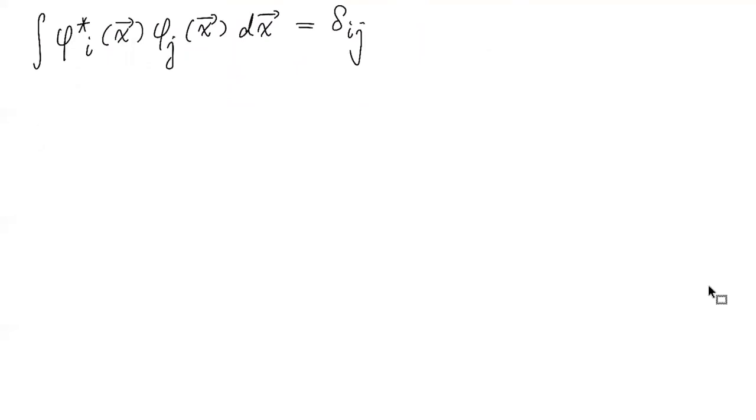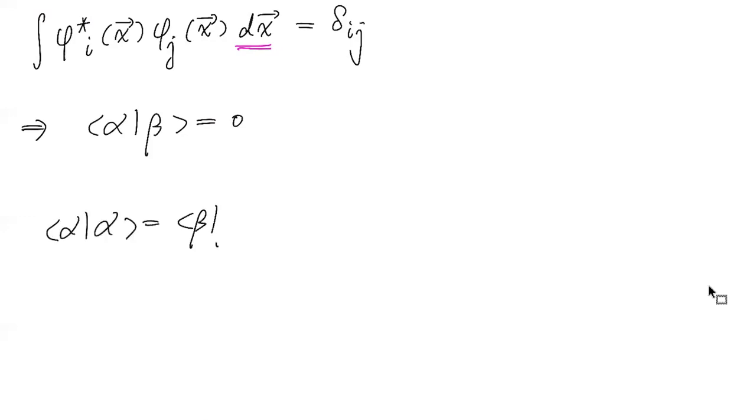This actually implies, because when you do this integral it contains two parts, the first part for the spatial coordinate and the second part for the spin coordinate, that the inner product of alpha and beta is 0, and alpha alpha and beta beta are equal to 1.